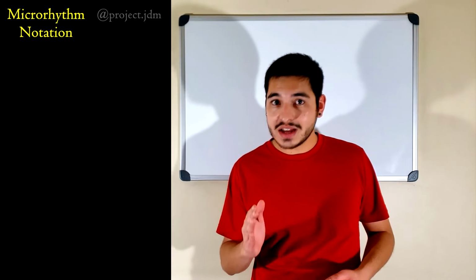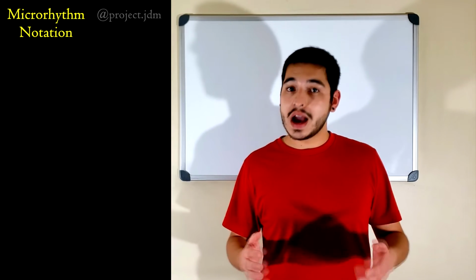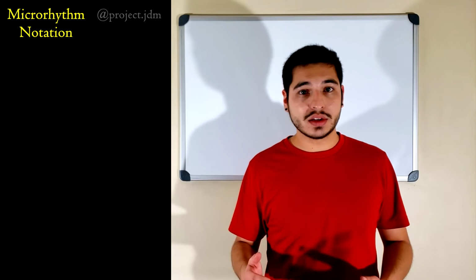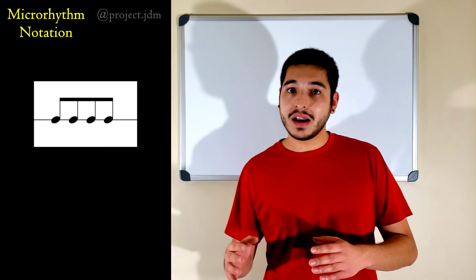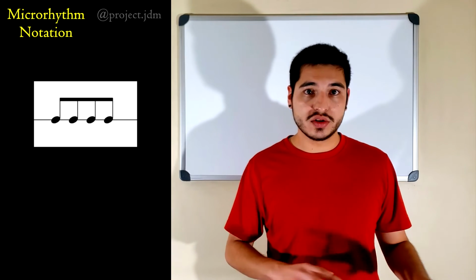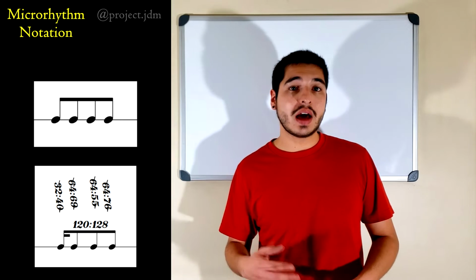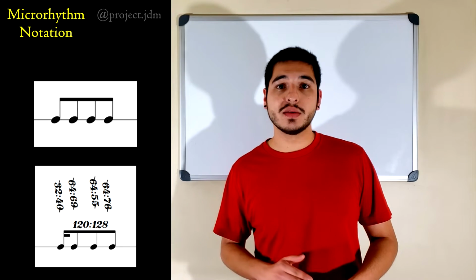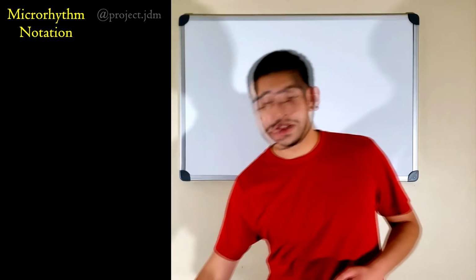It's because those slight deviations in things like tuning or timing can actually add a lot to how we experience the music. A slight deviation in timing can add a lot more uneven weight distributions to the beat. So knowing how to notate these microrhythms allows us to get the perfect playback of these rhythms every time we want. All right, let's dive into this.